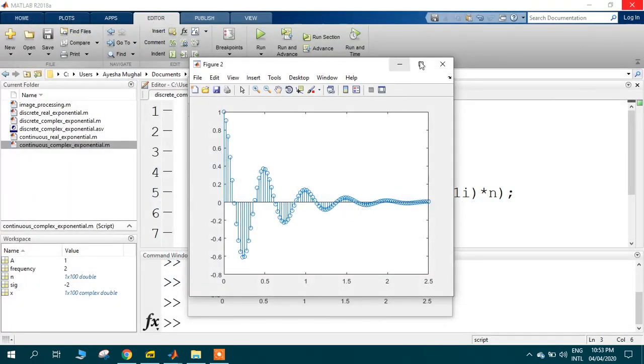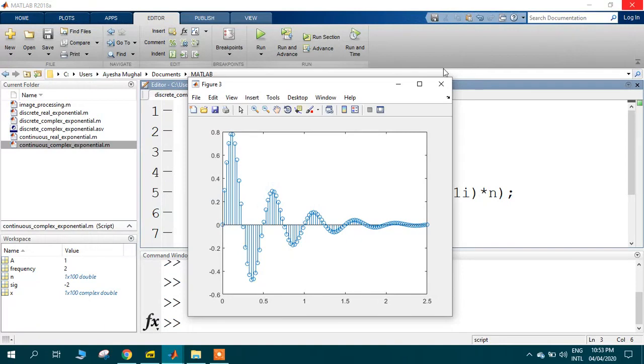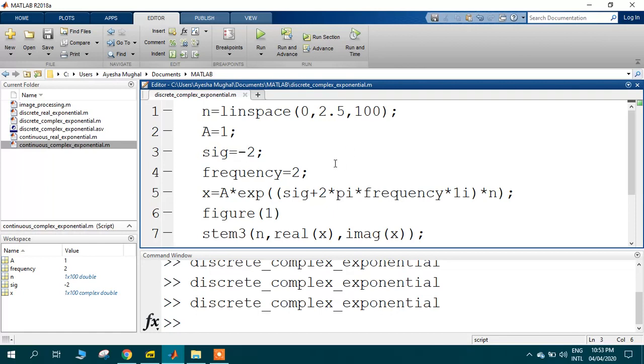Let's look at its real part, which is figure 2, and we can see that it is just like a cos function, as cos is maximum, 1, at 0, and it is exponentially decreasing because of the negative value of sigma. And this is its imaginary part, which is 0 at 0, just like a sine function, and it is exponentially decreasing because of the negative value of sigma.